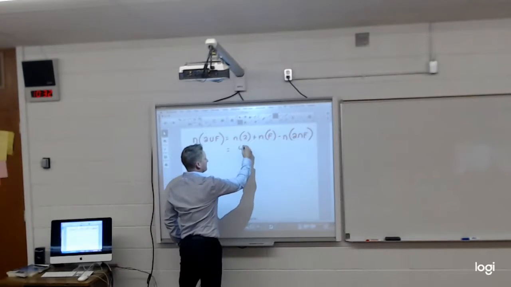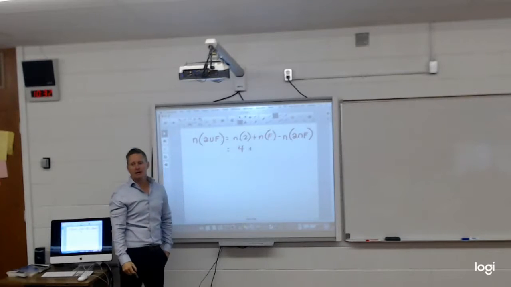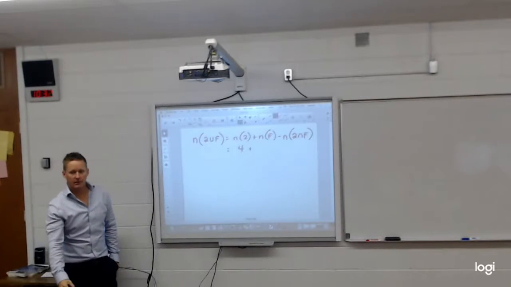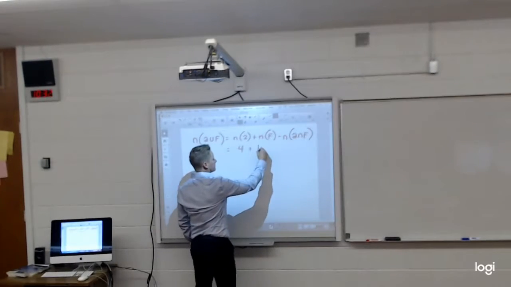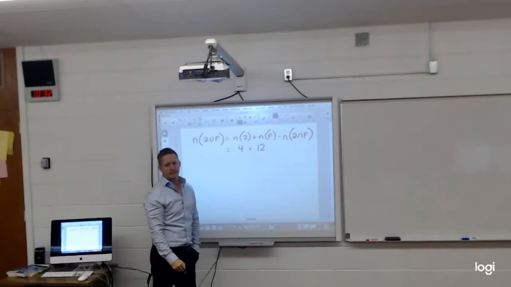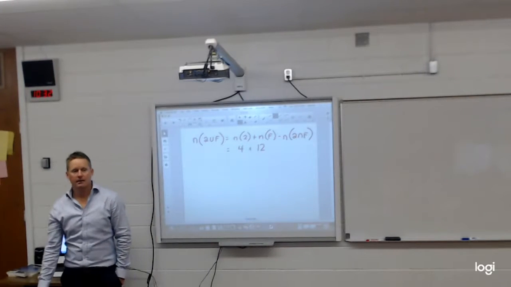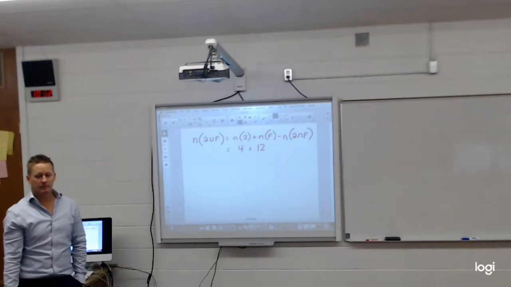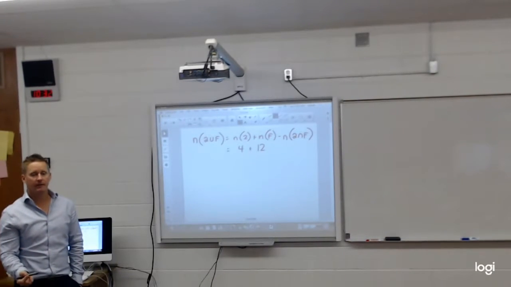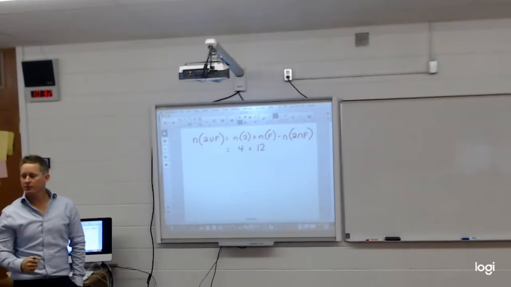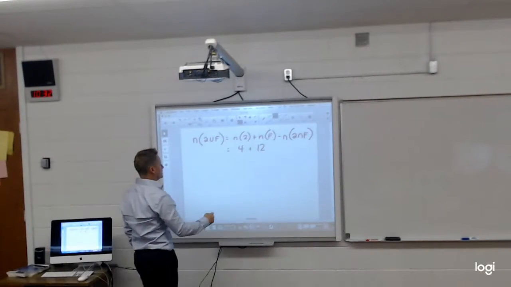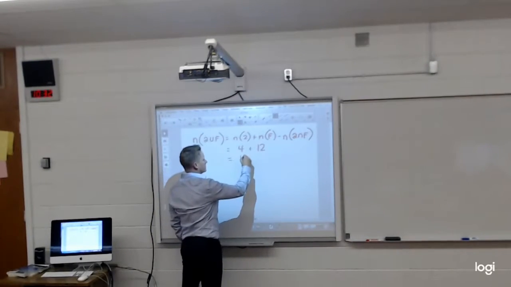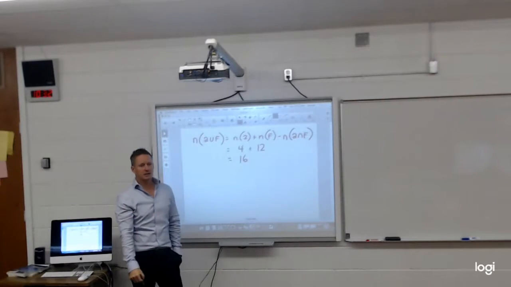How many face cards are in a deck? 12. There are 52 cards in all. How many 2s are face cards? None. It's a disjoint set, right? They're mutually exclusive from each other. So the answer to the question is the number of 2s or the number of face cards is 16 cards.